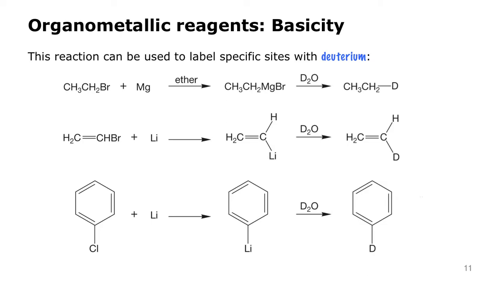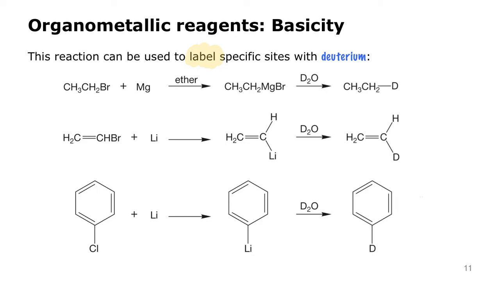One application of this acid-base chemistry of organometallic compounds is creating isotopically labeled derivatives of organic compounds. A few examples are shown here where we can synthesize a compound with a deuterium in place of a hydrogen somewhere in the molecule. So organic chemists refer to these as labeled compounds.